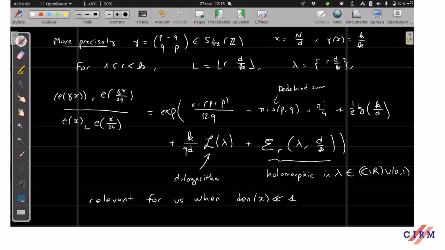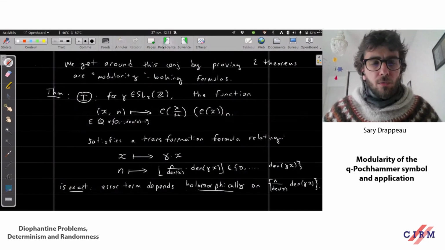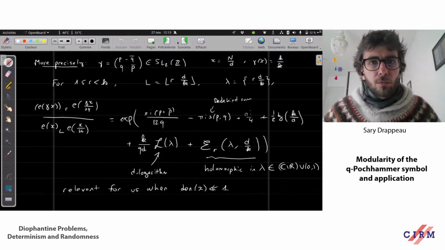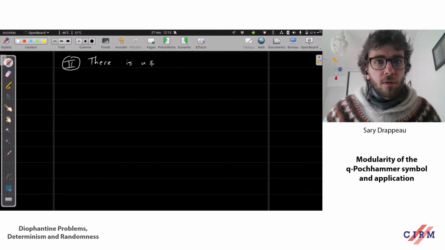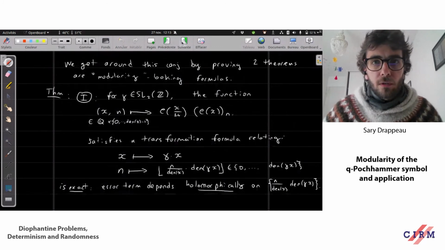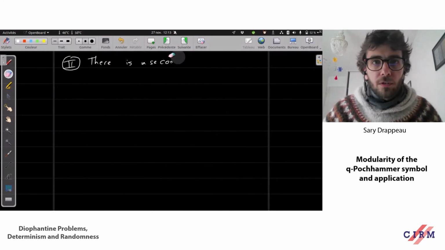And there is a second important ingredient that I want to mention in the previous theorem, which is a second reciprocity formula. Now, okay, I won't state it, but there is a second, sorry, modularity formula, second modularity formula.